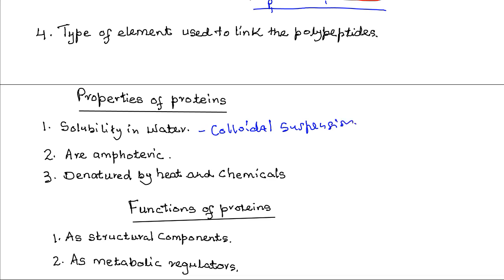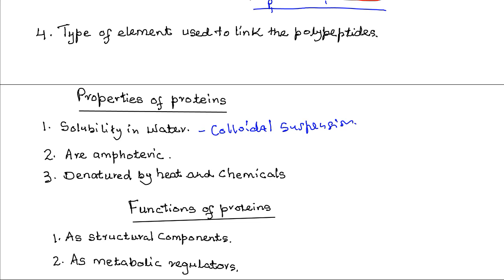Now, in a colloidal suspension, the particles remain suspended in the solvent, but they do not dissolve because of their large molecular size. The protein molecules are too large to dissolve, so they remain suspended. But in that state, they collectively provide a large surface area for attachment of other molecules, and it is this property that enables certain proteins to perform certain functions.